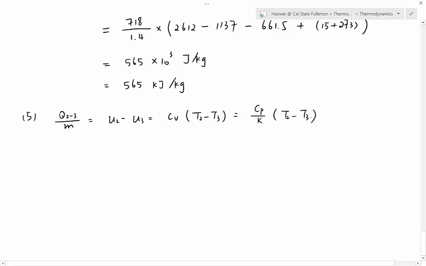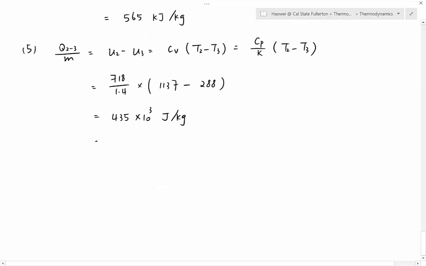And we do have everything in the right-hand side. 718 over 1.4 times (1137 minus T3). T3 is 15 Celsius, so it's 288 Kelvin. And then the final solution is 435 times 10 to the third. The unit is joule per kilogram. Okay, and then we convert joule per kilogram to kilojoule per kilogram. So our solution is 435 kilojoule per kilogram.